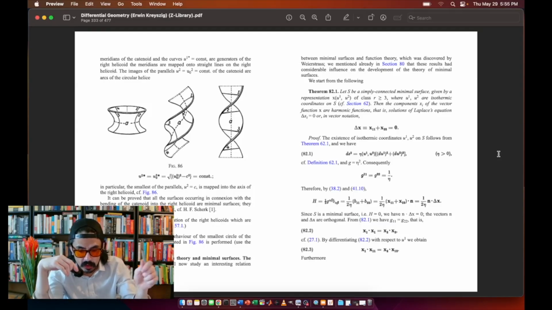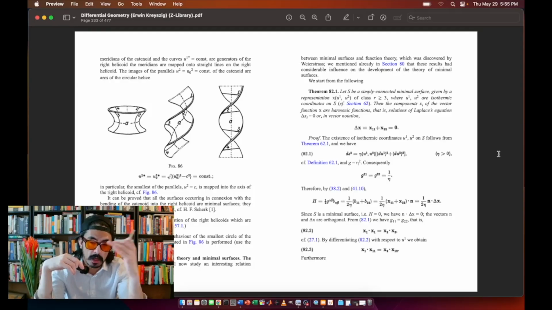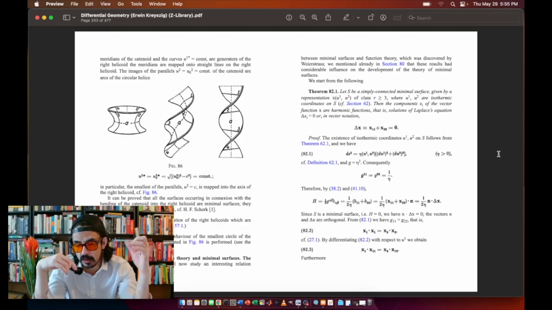So that's 38.2, and then by 41.10, that is just the definition of the mean curvature of a surface at a given point. You could have it in terms of principal curvatures, so mean curvature is the arithmetic mean of principal curvatures, or it's in terms of the second fundamental form and first fundamental form, basically.